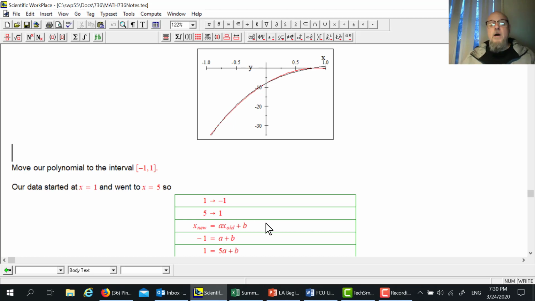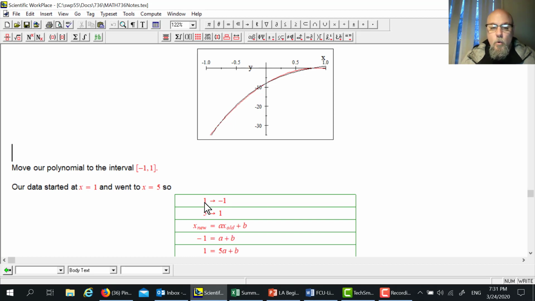So how do I figure out how to do that? Well, I'm going to just write down a line. New x is equal to some number a times old x plus some number b. I just have to figure out what a and b are. I've got the first point and the last point. I want my new -1 to be given by my old x equal to 1.